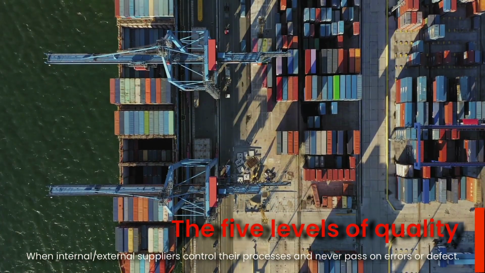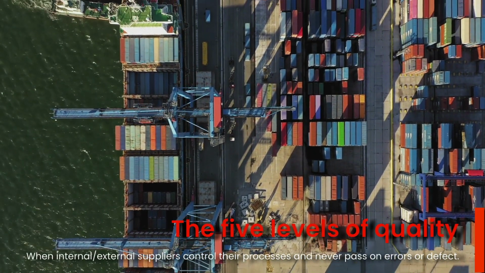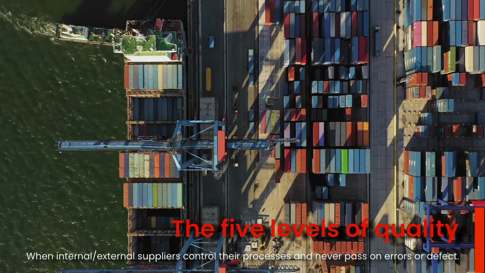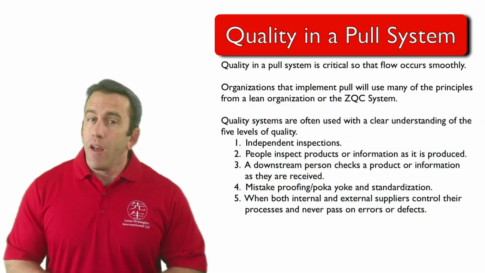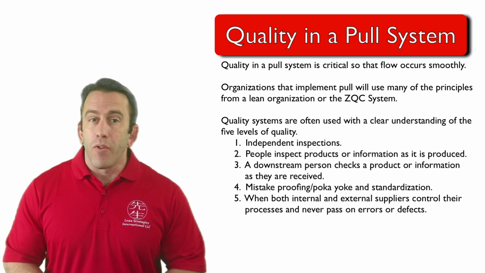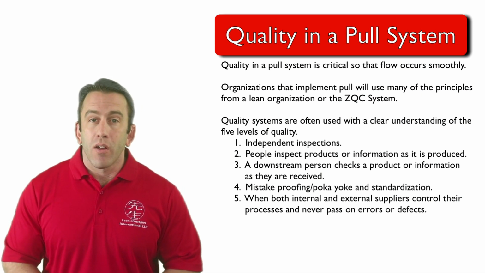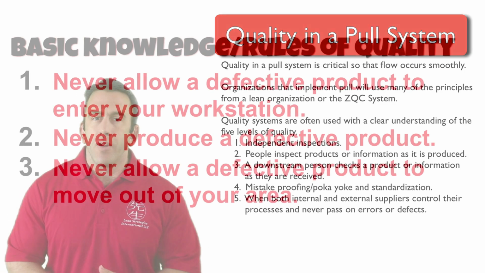The last level of quality is when both internal and external suppliers control their processes and never pass on errors or defects. As you may have guessed, operator inspection of products and information and downstream checks are the 2 fundamental levels of quality in a pull system.